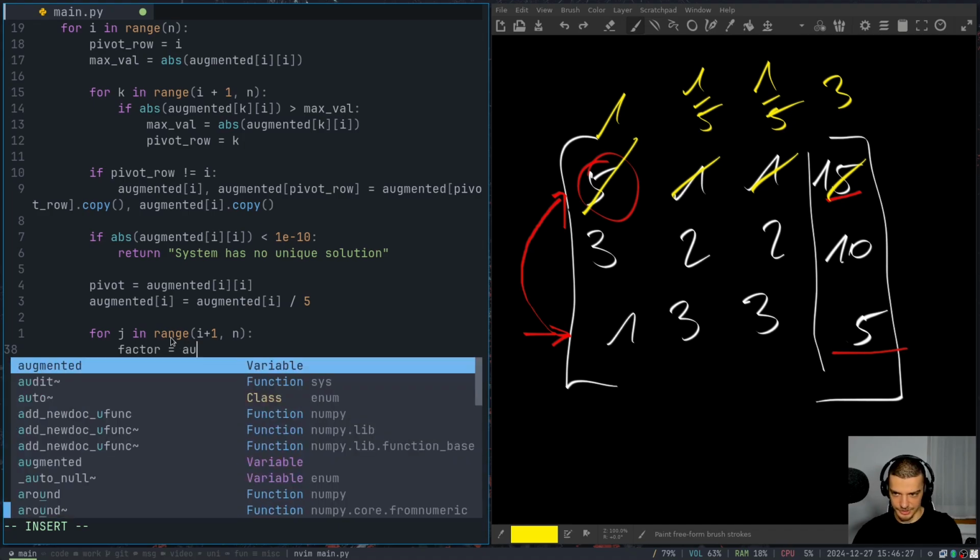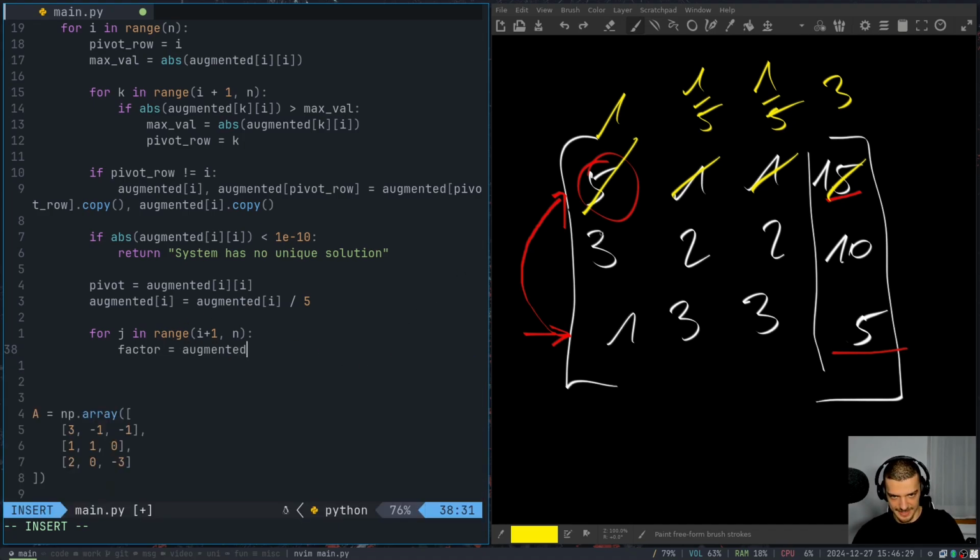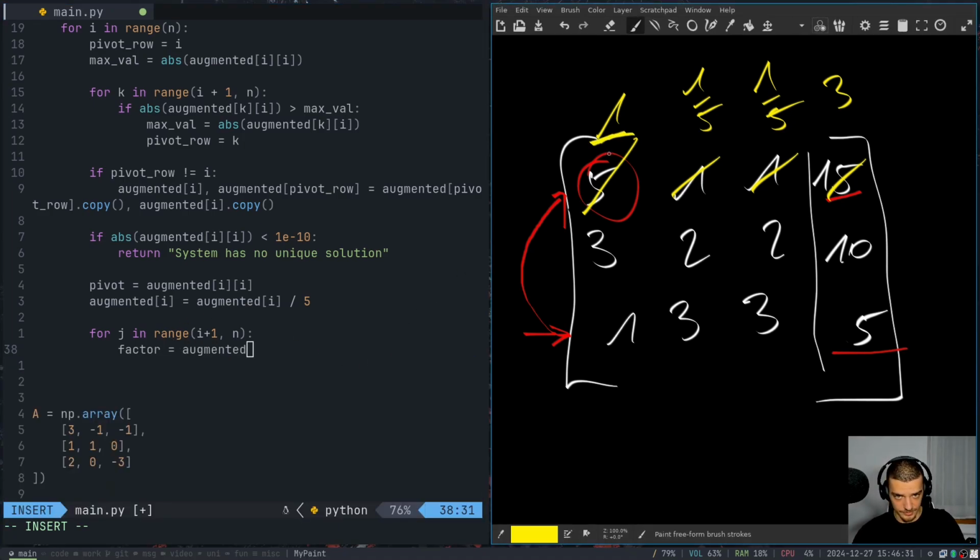The factor is just the number that I have here. So this is 1. So in order to eliminate this element here, I just have to take this row minus that many times this row. So in this case, this row minus 3 times this row will result in this becoming a 0, because 3 minus 3 is 0.